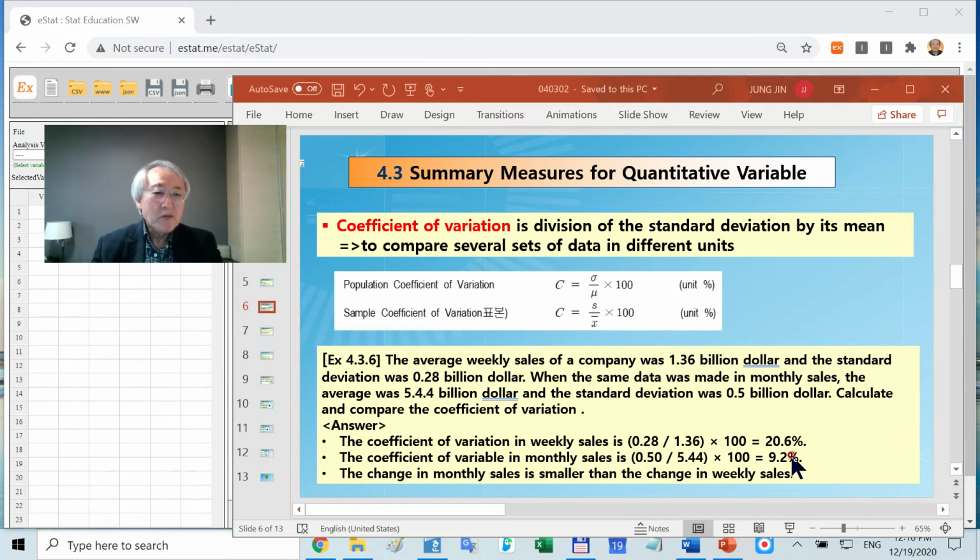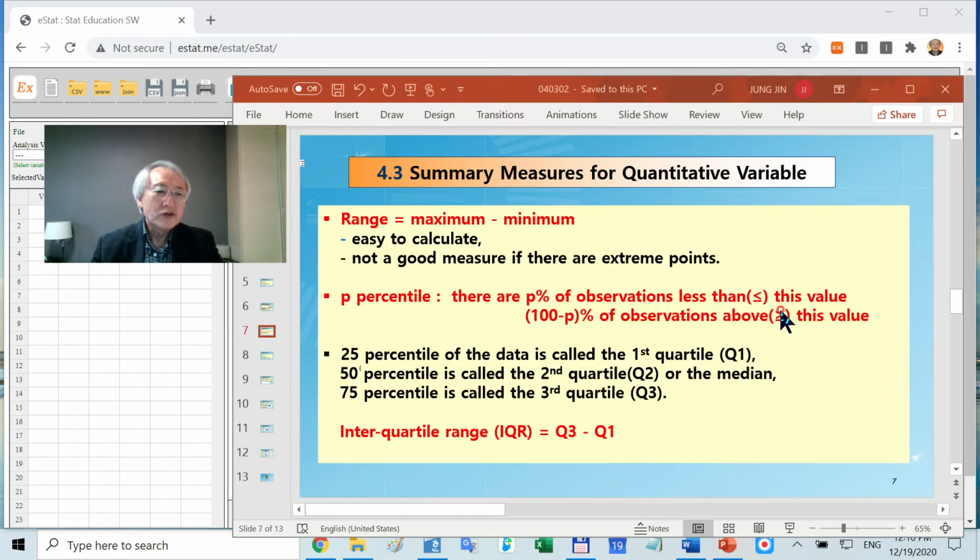But in case of monthly sales, it has 9.2%. That gives you an idea that there is a lot of fluctuation in the weekly sales, but not much variation in the monthly sales. It's a slightly different measure, but it is useful to compare two sets of data.